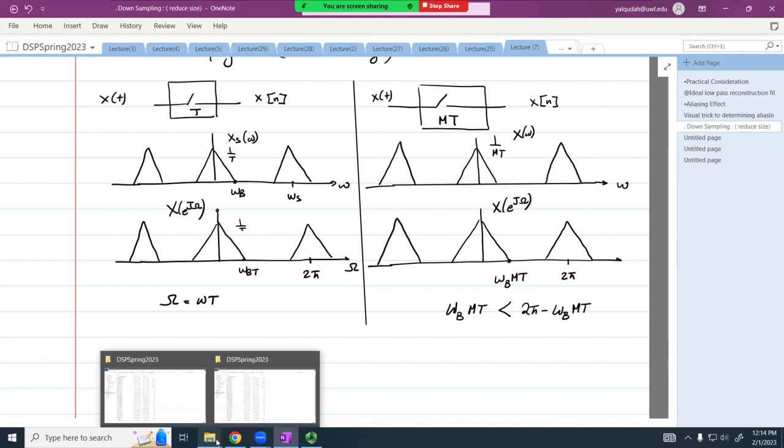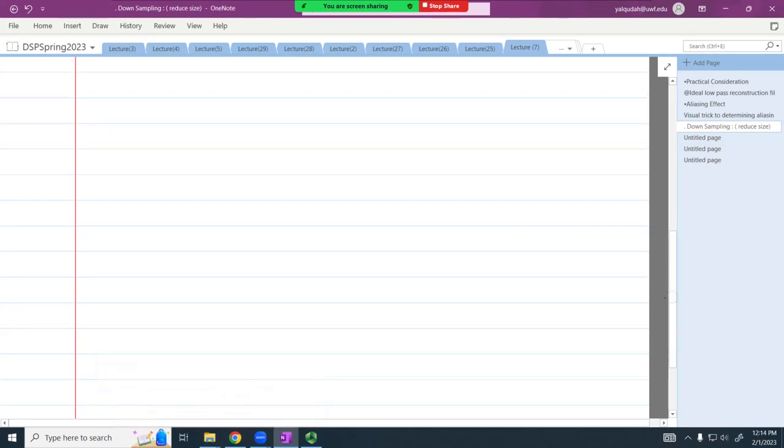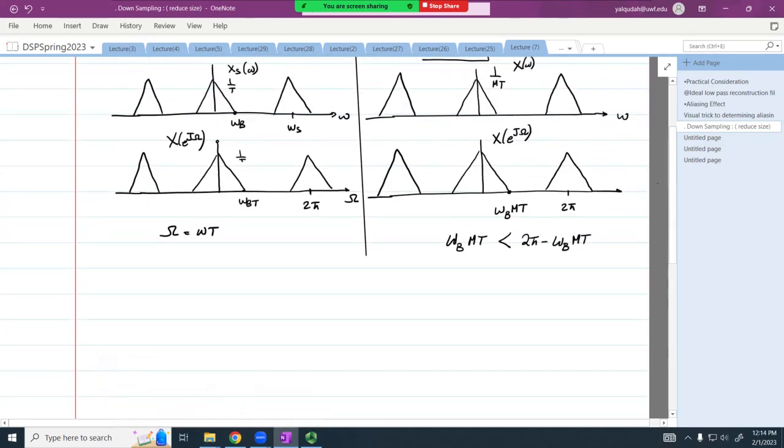So would this be lossless compression? It is not compression, but rather undersampling. If you have a signal, in the first case I'm sampling it like this.